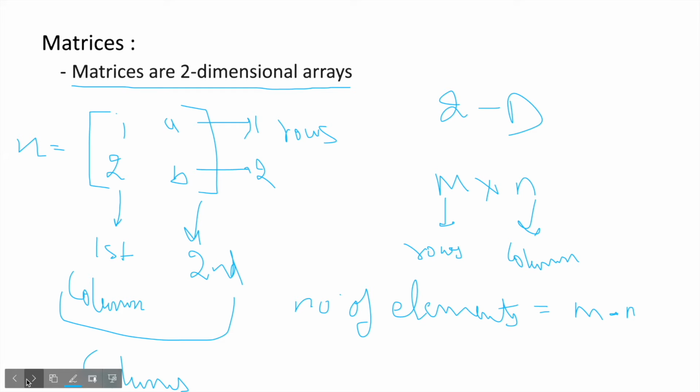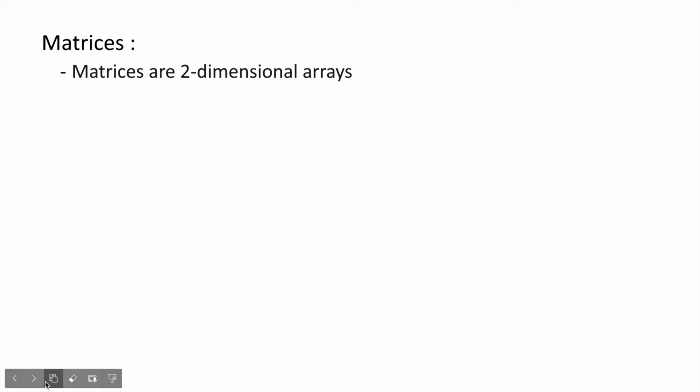So matrices are nothing but a 2D array of data, where data can be anything from numbers to strings to variables. And wait a minute. So we have seen that matrices look something like this.